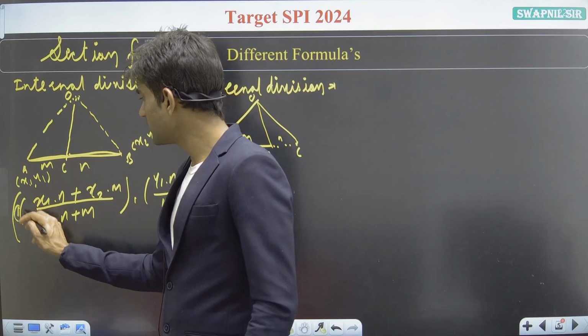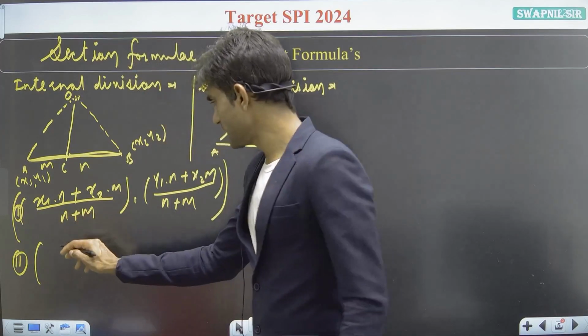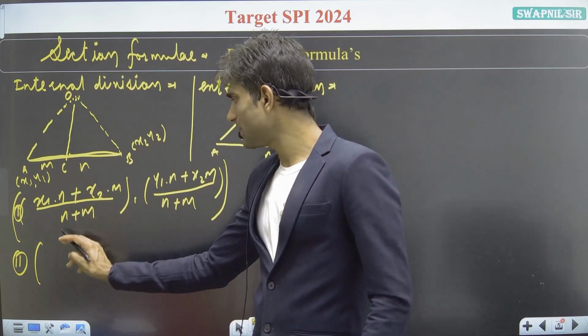This one I consider for internal. Now second for external. External means we just have to replace with negative only here.